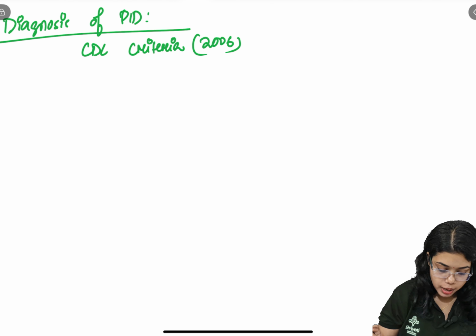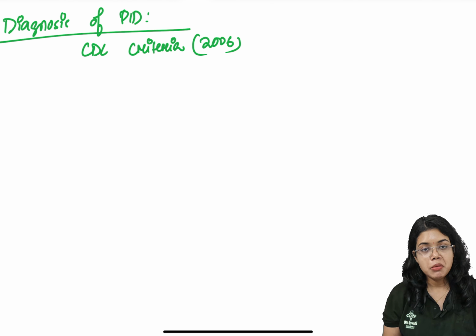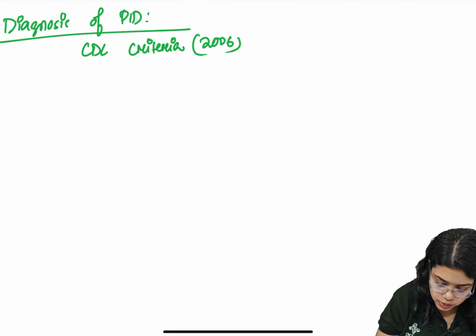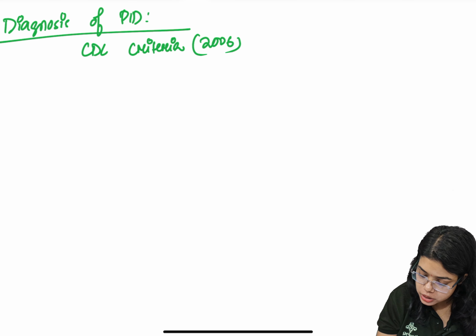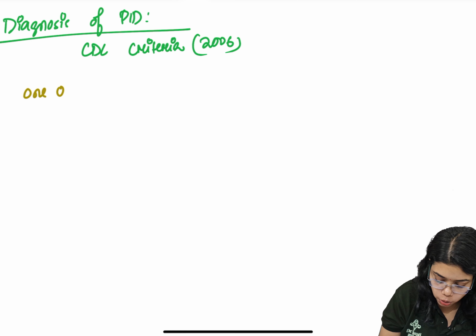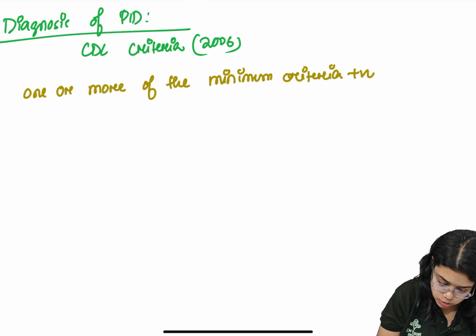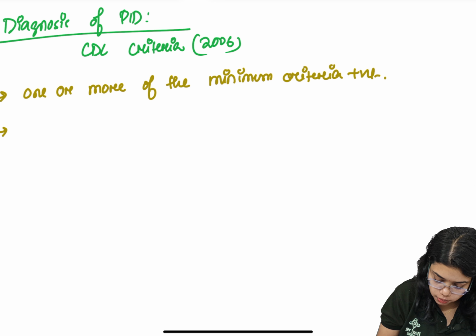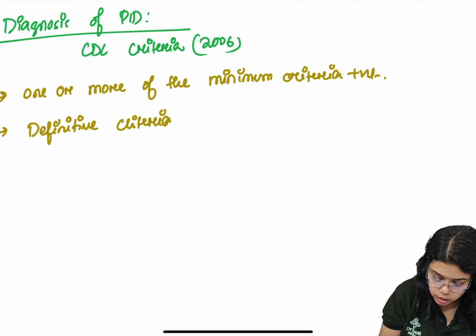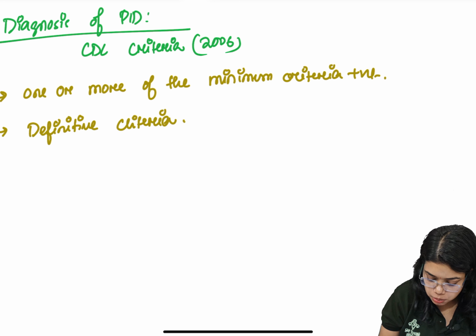In this criteria, if one or more of the minimum criteria is present, then we say that the patient is having PID, and if any one definitive criteria is present. So what are the definitive criteria, what are the additional criteria, and what are the minimum criteria?